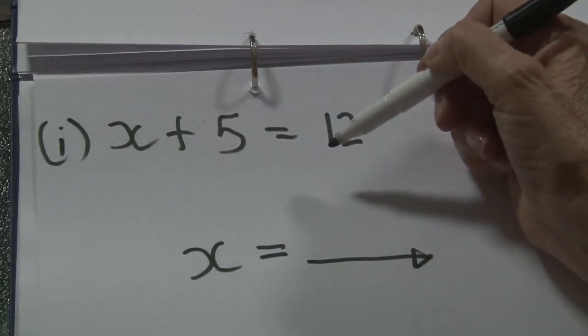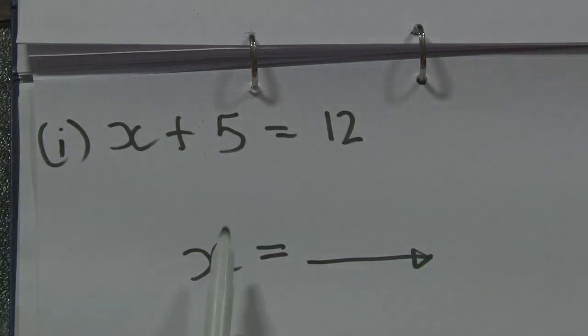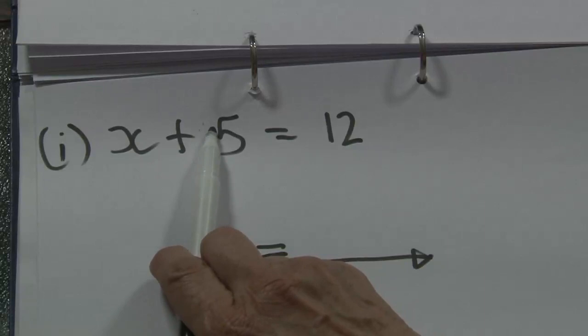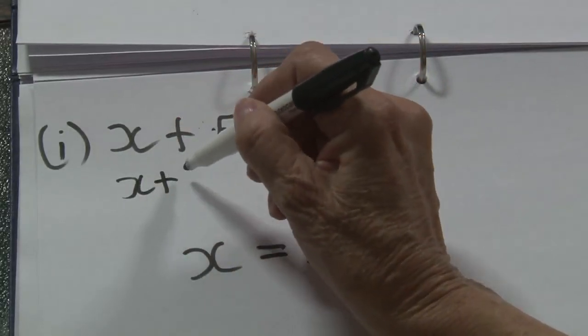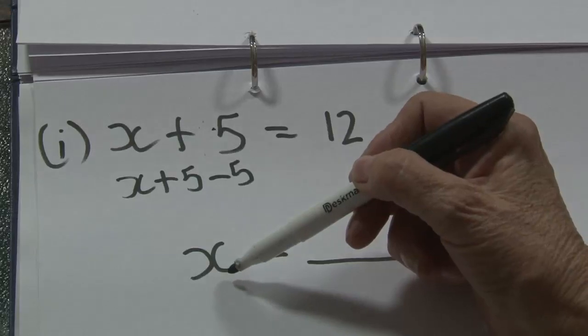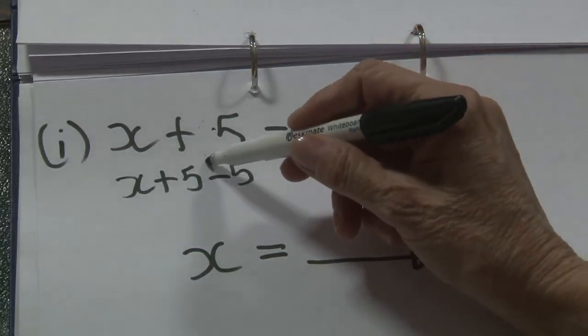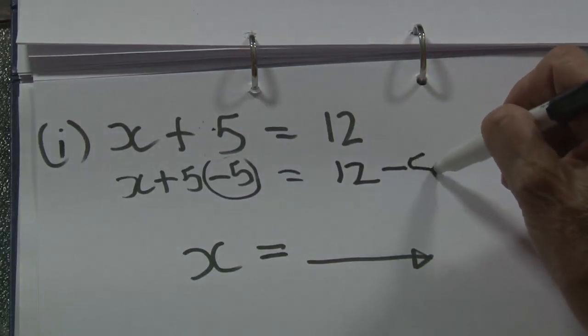Now what do I do? To get x on its own, you will have to remove the 5. How are you going to remove the 5? You subtract 5. So it will be x plus 5 minus 5, so that you have x alone. What you do on this side, you also do on this side.